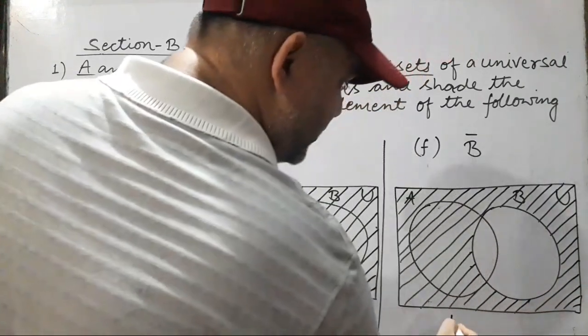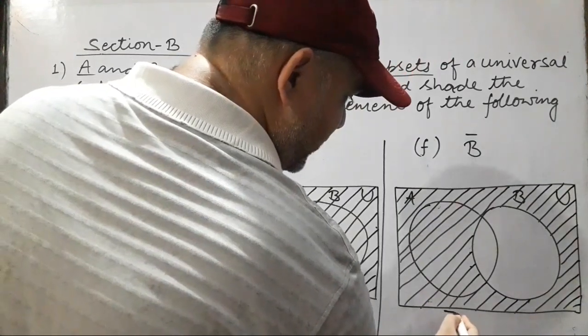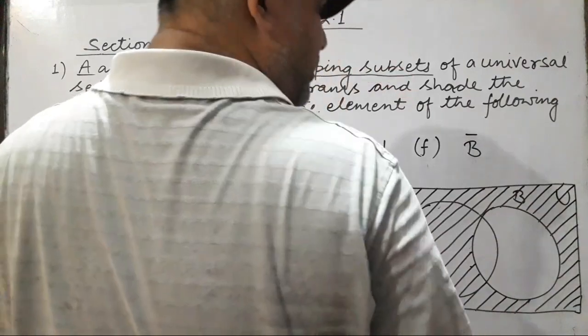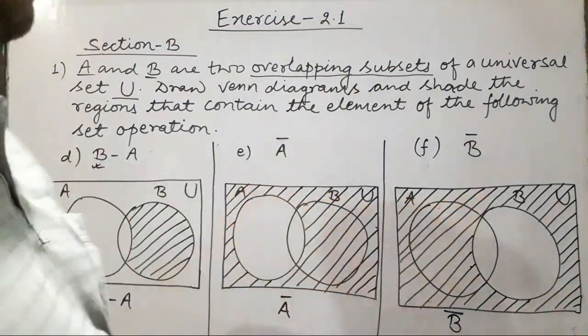Okay, this is the B complement, that means the set which does not contain the elements of B.